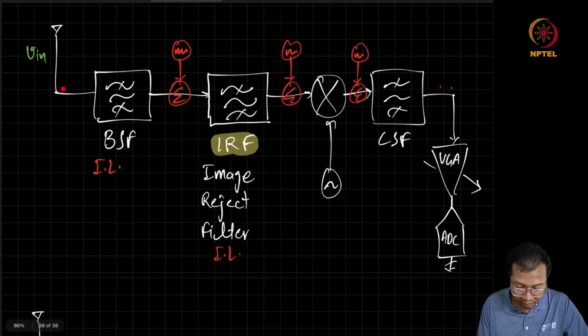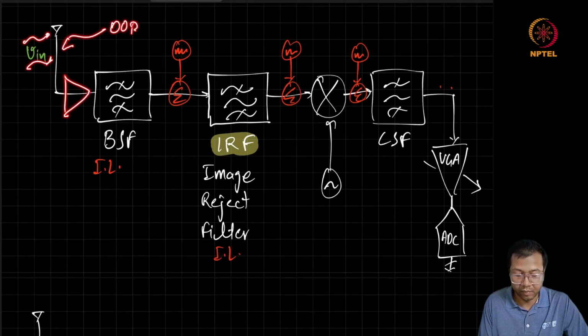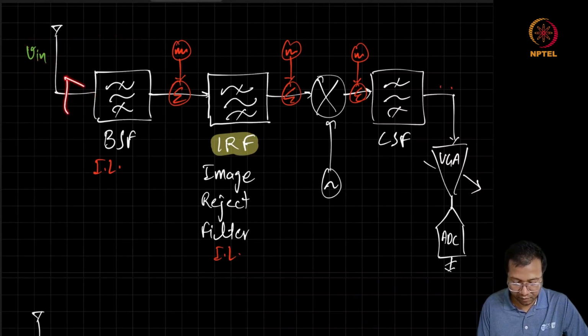Ideally we would like to put some gain here itself, but the problem is that if you add any gain block, it needs to handle not only the receive signal but also very high power out-of-band interference. This interference can completely kill the performance of any gain block in the front end. So we need to protect those gain blocks from that high power interference, which can be done with the help of a band select filter.